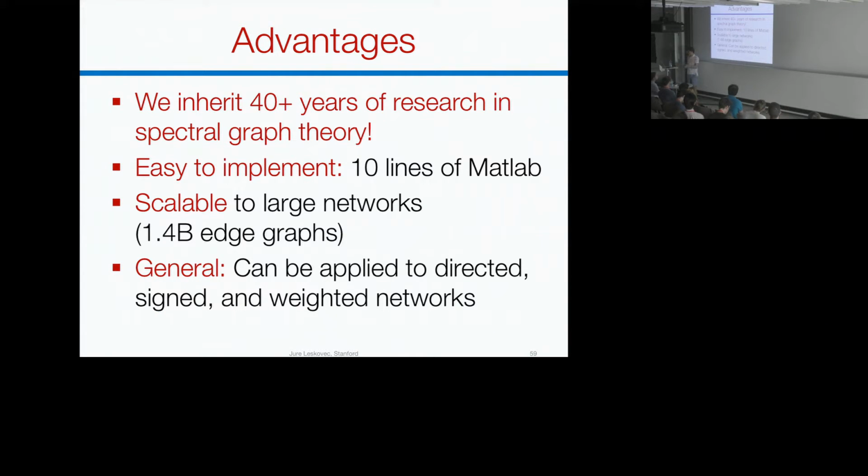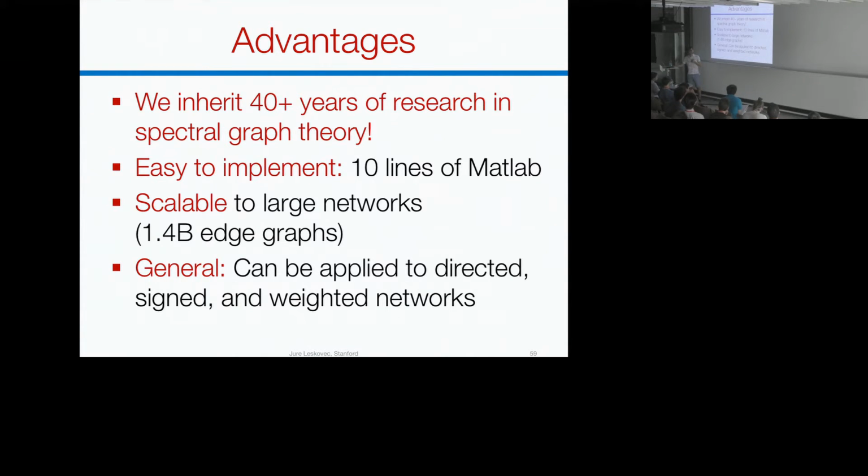This is nice because you are basically inheriting 40+ years of research in spectral graph theory. You can literally implement it in about 10 lines of MATLAB. It's scalable. We were able to run this on the Twitter graph with 1.4 billion edges in a couple of hours. And why is it also cool is because it can be applied to directed, weighted, unweighted, signed networks.